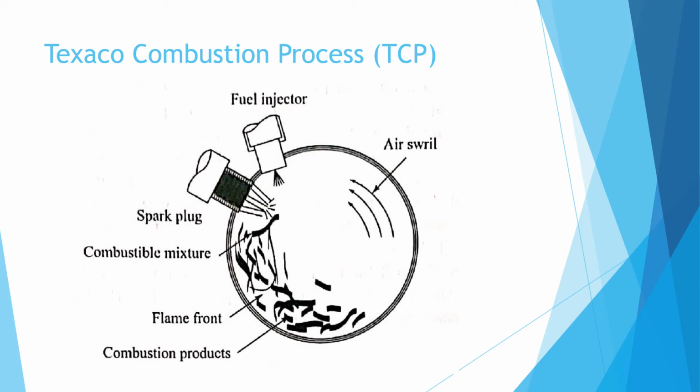The first part of the injected fuel, which mixes with air during its passage to the spark plug, forms a flame front. The rest of the injected fuel is now continuously fed into this already established flame front after mixing with the swirling air.